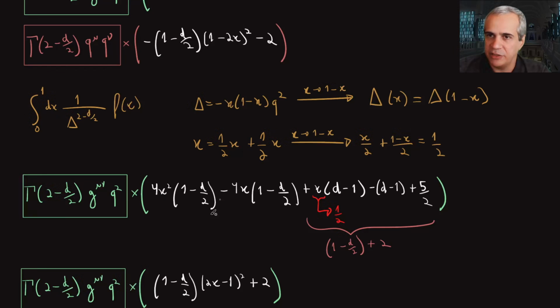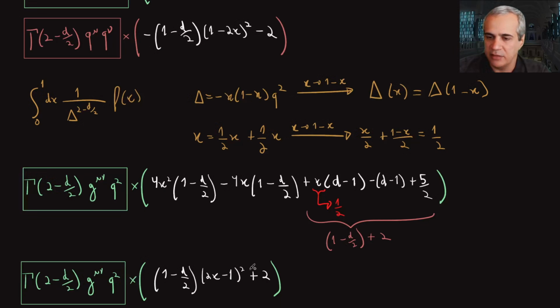Which is exactly this thing right here, you see? So I managed to write this in exactly the way I wanted. Now, this structure and this one are exactly the same minus one sign, right? Which is what I wanted.